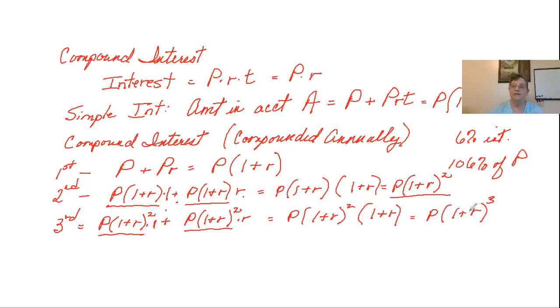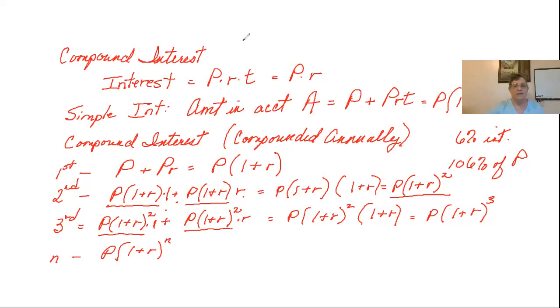So rather than calculating it separately for every single year, which would get kind of old if you left it there for 10 years, at the end of n years, you're going to have P times 1 plus r raised to the n. Well, let me change that.